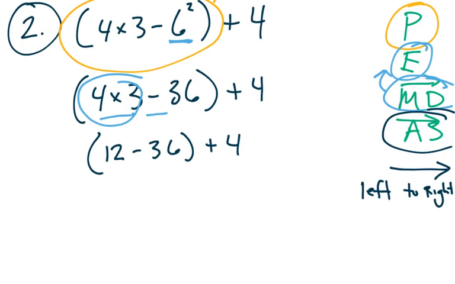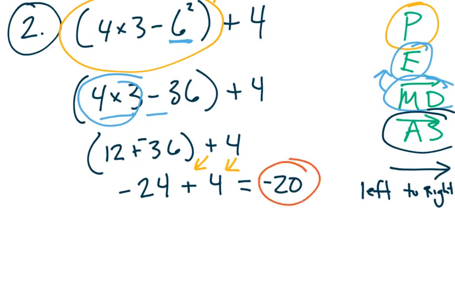So we're going to get 12 minus 36. We're going to get negative 24 plus 4, because we're bringing this down and we're bringing that down. And that is going to be negative 20. So our final answer is negative 20.